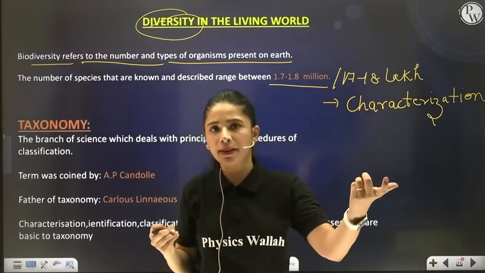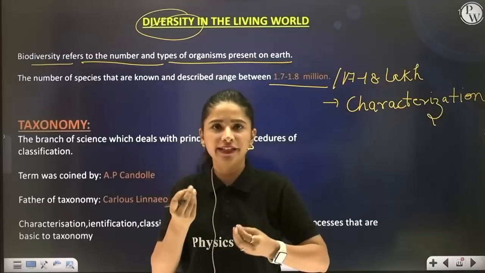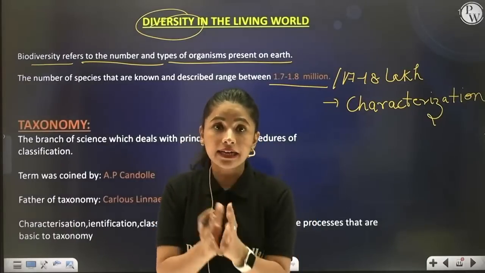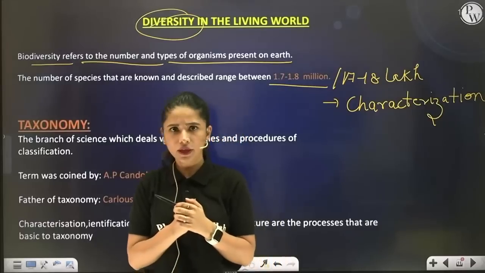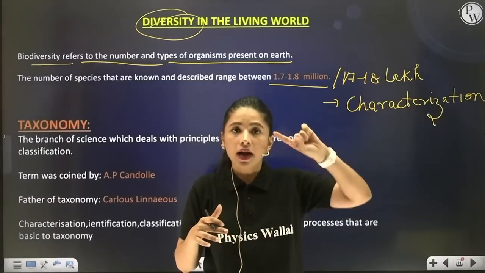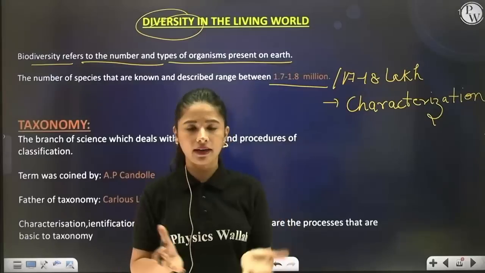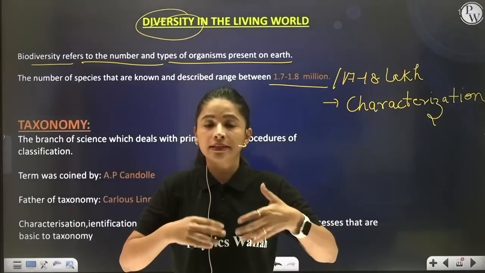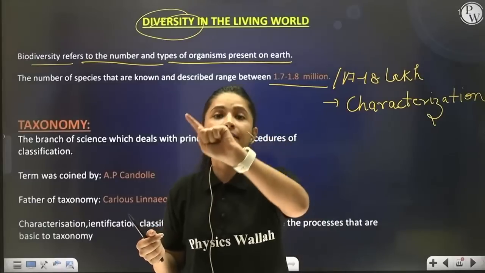For example, if it is a member of plant, then you have to see the arrangement of leaf, structure of leaf, the structure of flower, root, stem, etc. So the study of all those features is known as characterization, right? Now, once the scientists have studied the characters, then comes identification. Try to relate whether any such organism has been discovered or not. So second, after studying the features of that organism, try to identify that organism.